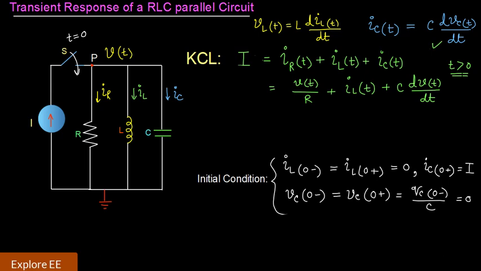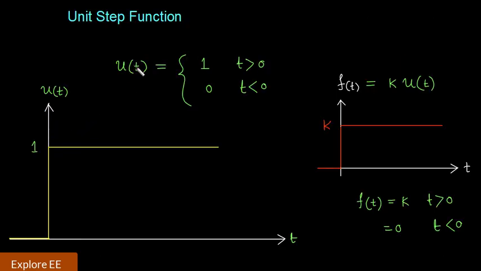This is very important. Let us introduce the concept of the unit step function here. A unit step function is denoted by u(t) and is defined as unity for t greater than 0 and equal to 0 otherwise. That means before t equal to 0, the value of u(t) is 0.